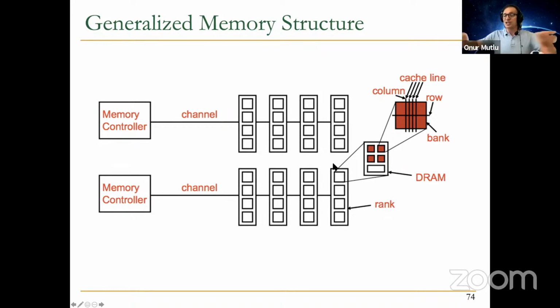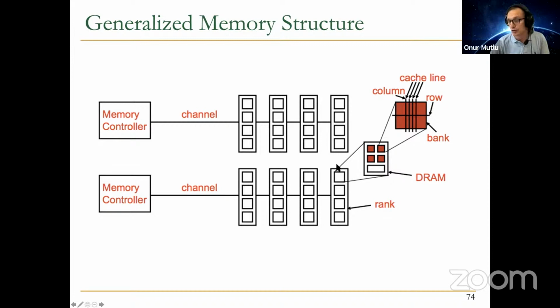If you want to build larger memories that have higher throughput, you put together 4 of these chips, for example, and they form a rank. A rank of chips responds to the same command at the same time. So if each of these chips, for example, supplies 64 bits, 4 of these chips concurrently supply 4 times 64 bits to you. That way you can get higher throughput as well as higher capacity at the same time. That's the concept of a rank.